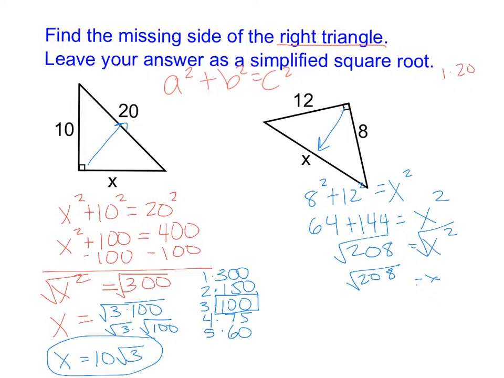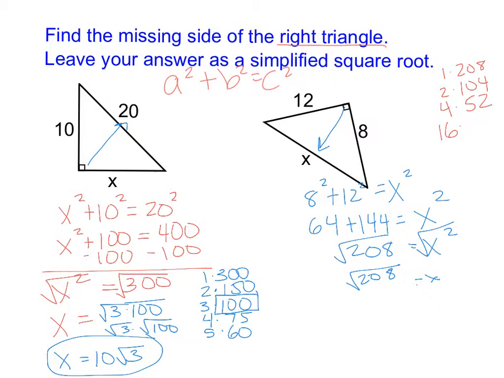1 times 208, 2 times 104, 3, nope, 4 times 52, 5, 6, well 3 doesn't work, 6 doesn't work. Now the question is, does 16, yeah, 16 is going to be the answer.